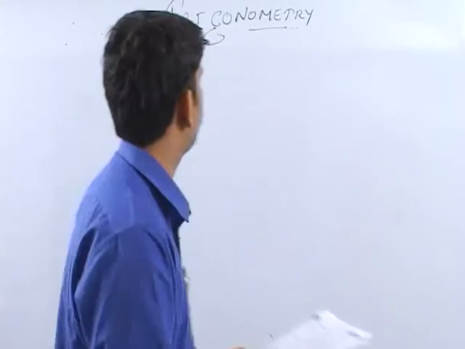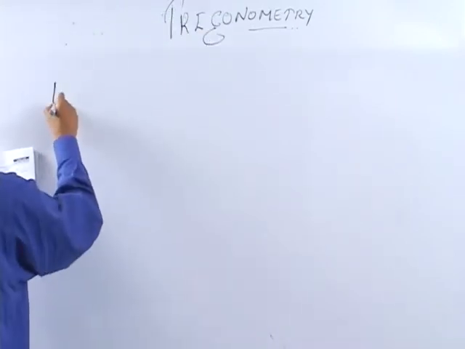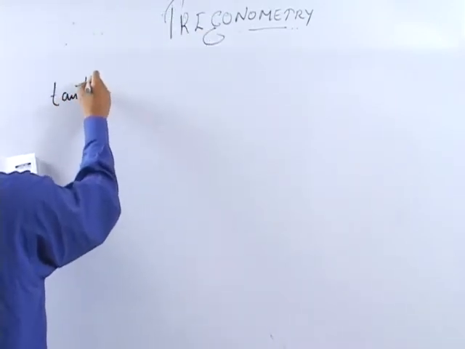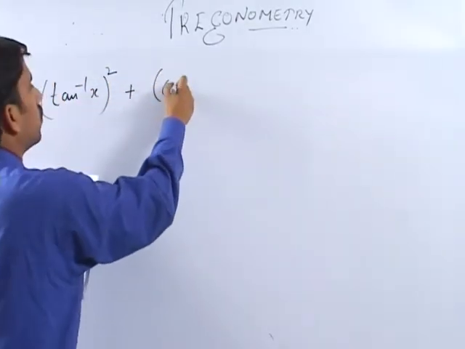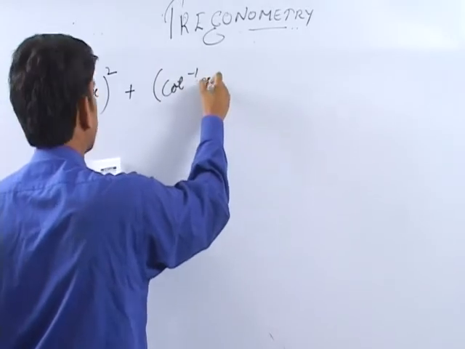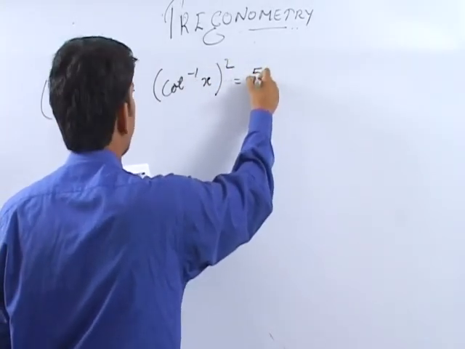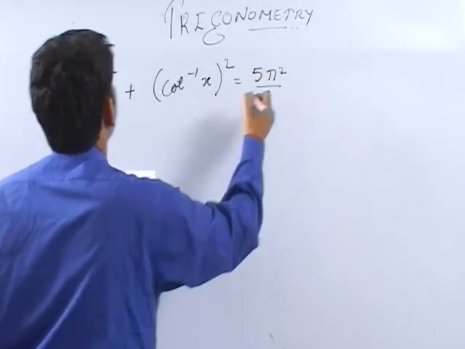Now you have tan inverse x the whole square plus cot inverse x the whole square is equal to 5 pi squared by 8.